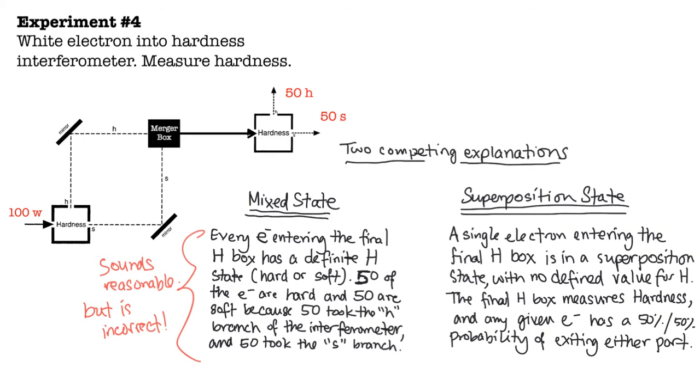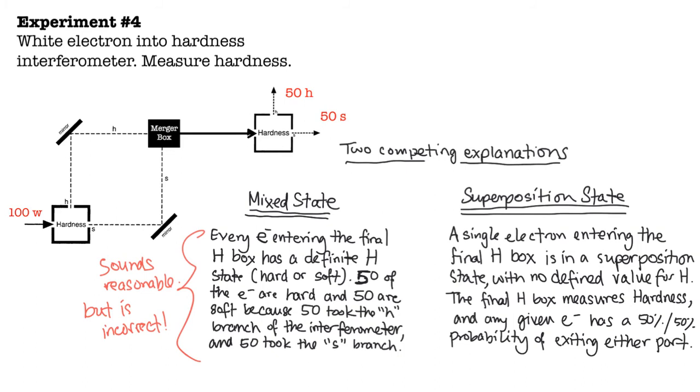So this data set that we have, this experiment number 4, cannot distinguish between these two models, okay? We'll do subsequent experiments and show that indeed the superposition explanation is correct and different from the mixed state explanation, and that the superposition state explanation works in all of these cases, whereas the mixed state explanation does not.